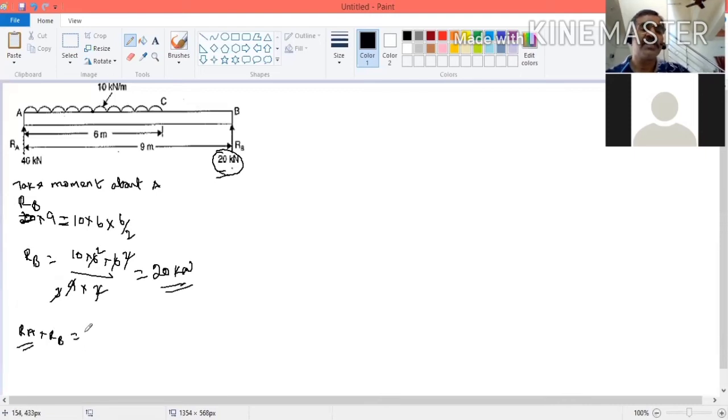How much is the force? 10 into 6, only we are equating force, not moment. So 10 into 6 is 60. Now we know that RB is 20. So RA is 60 minus 20, 40 kilonewton. Already it is calculated.